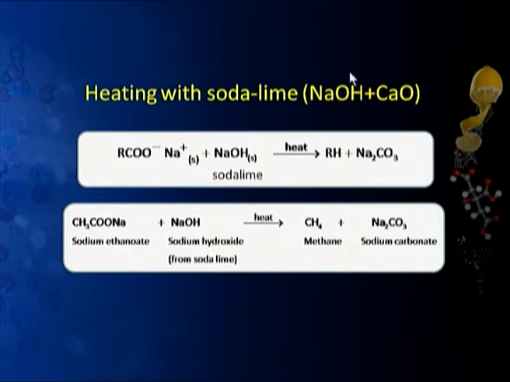Such as sodium ethanoate on heating with sodium hydroxide from soda lime will give methane, because one carbon will be lost as carbon dioxide. So, basically what happens, we get alkanes on heating carboxylic acids with soda lime with one carbon less than the total number of carbons present in the carboxylic acid.